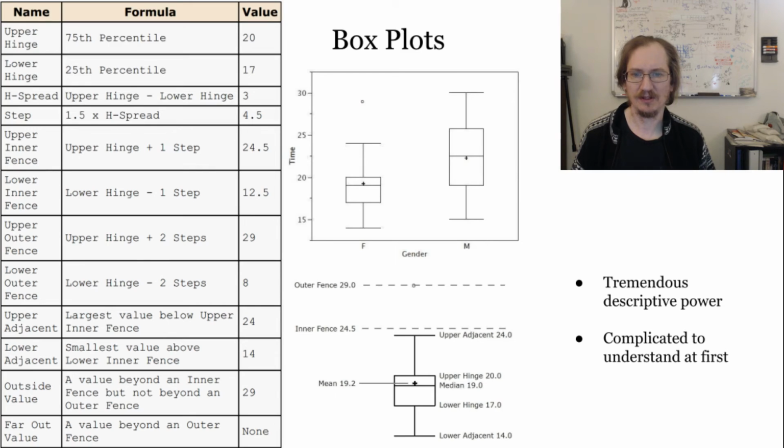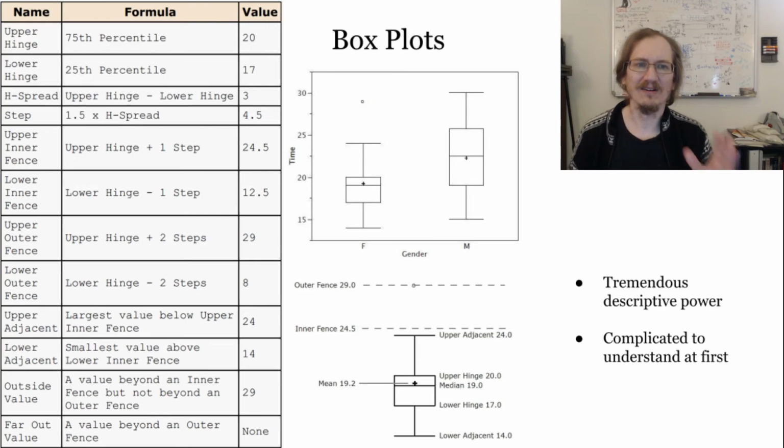So it's going to be something just inside the fences. These fences are a region where you might want to mark these outliers, but what's the closest value to that fence? I've also heard these upper and lower adjacent referred to as the shadow. That's the extension, and you can see that defined in the lower middle graph.